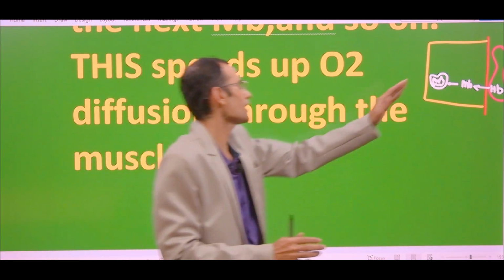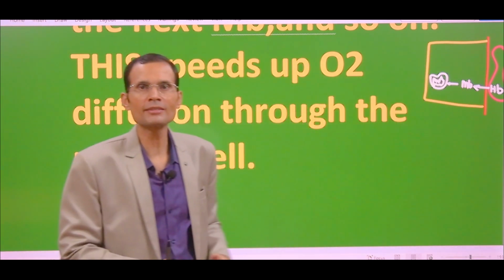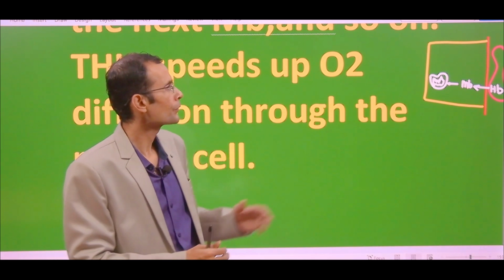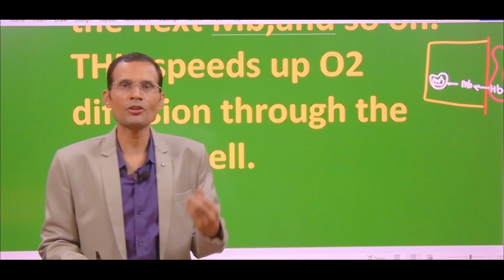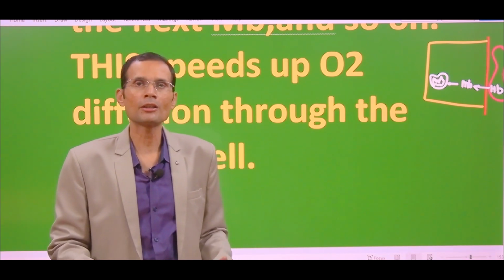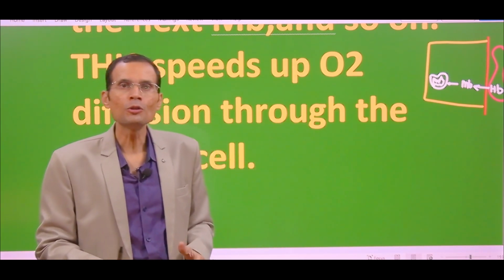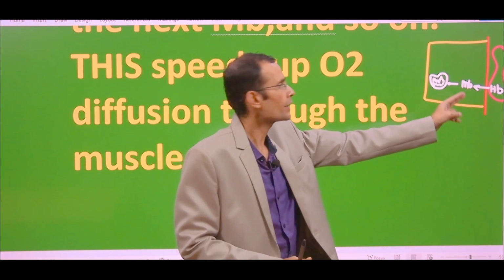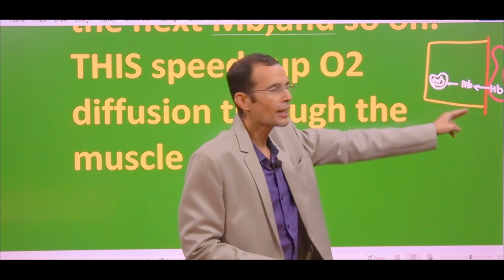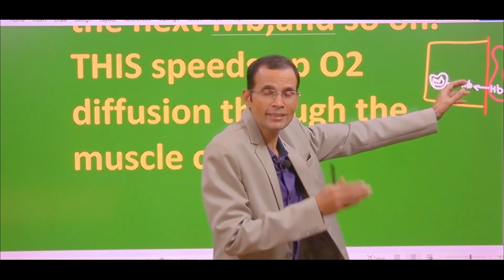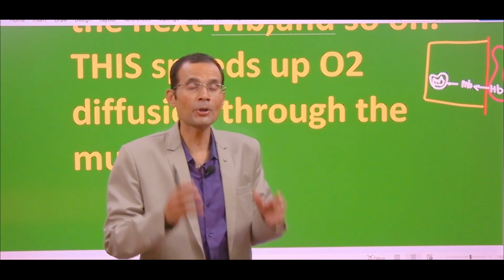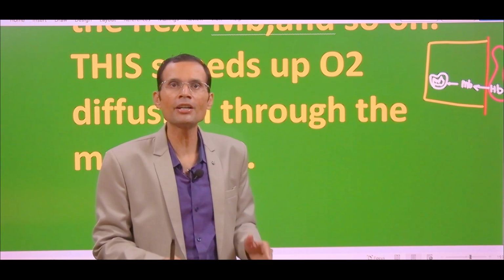So even if hemoglobin delivers oxygen into the muscle cell, because of its low solubility, the PO2 in the muscle cell cannot rise that rapidly. Point number one. Point number two is that we need to create a great concentration gradient for oxygen inside the muscle, so that from the cytoplasm, the oxygen can be delivered into the mitochondria because of a large concentration gradient.